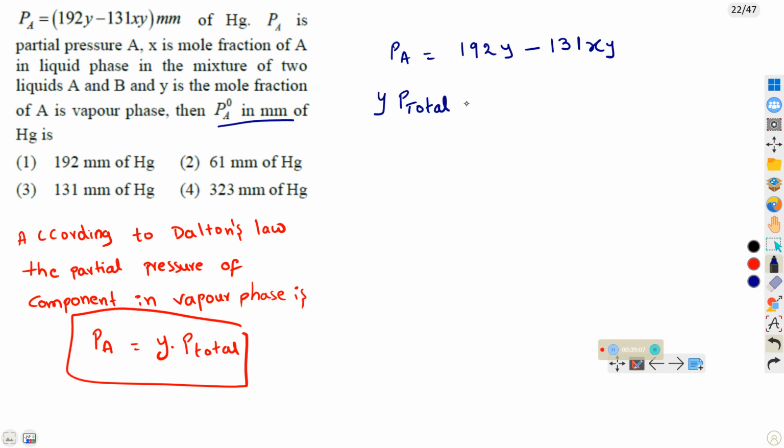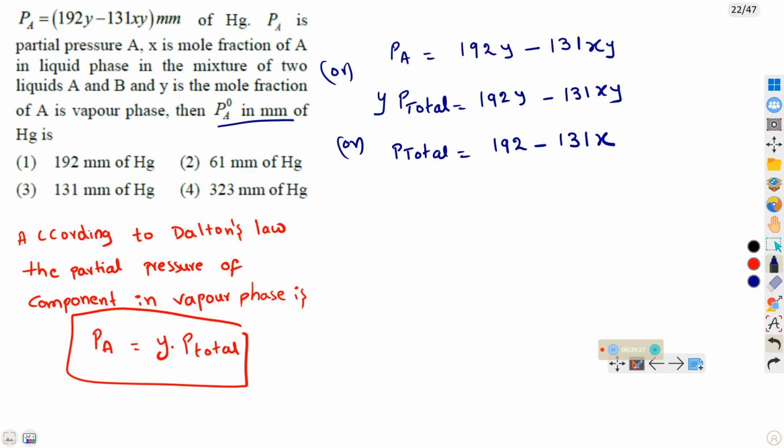That means PA equals y into P total. y into P total is equal to 192y minus 131xy, or it can also be written as P total is equal to 192 minus 131x. Now, what is the given condition?